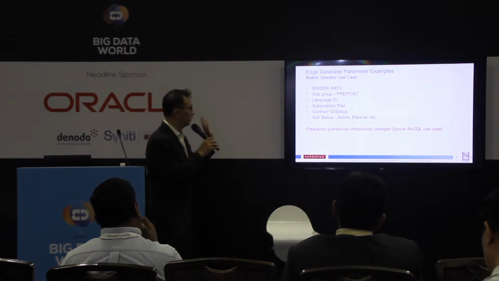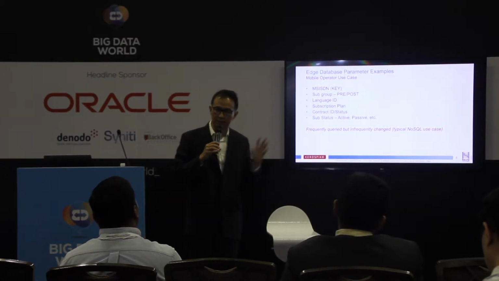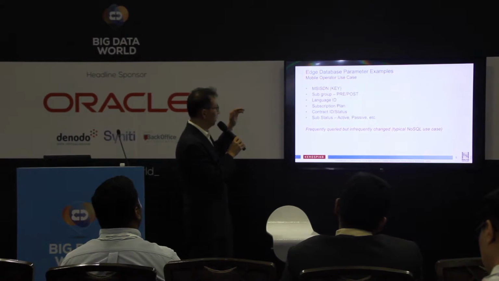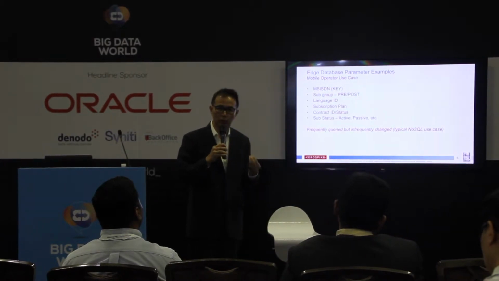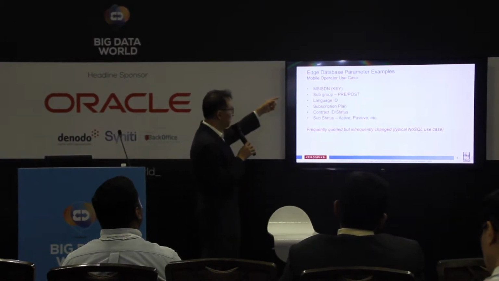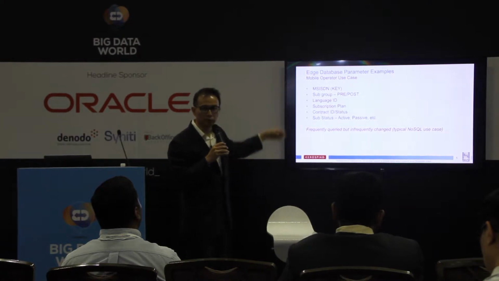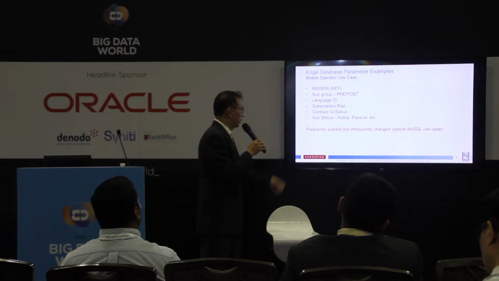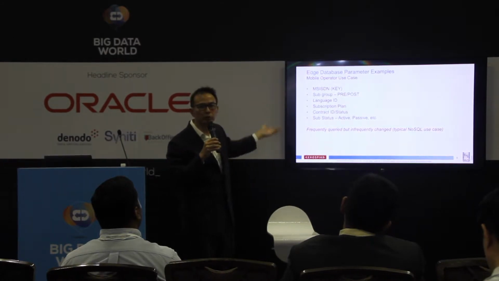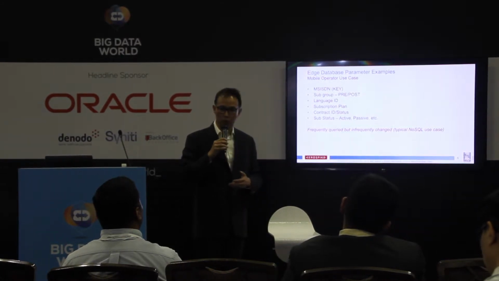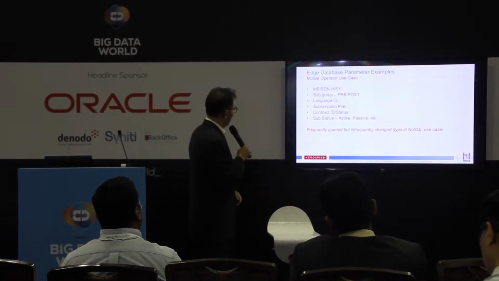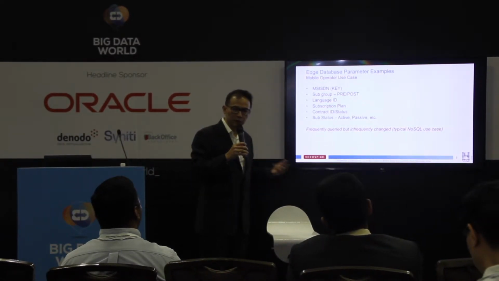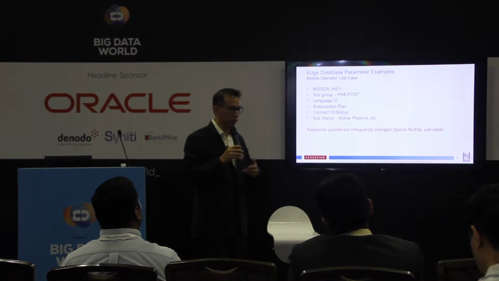Again, the same case study with the mobile operator in Malaysia. These are some of the parameters that we are caching in our Data Porter. MSISDN, which is the technical term for mobile number, is being used as a key. And we are caching parameters like subscriber group, whether you are a prepaid or a postpaid customer, and language ID. In Malaysia, you have Chinese, you have English, you have Bahasa Malaysia.